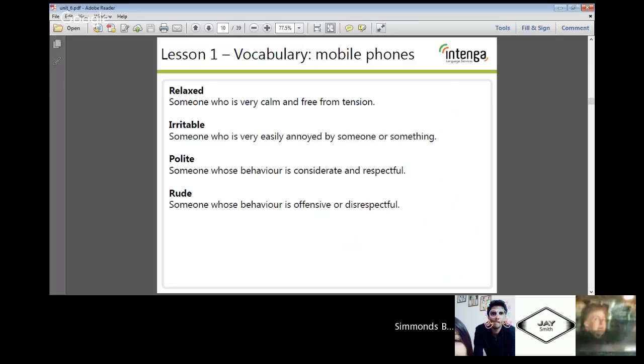So very good. Are these new words for anyone? I think relaxed might be something very common. Polite might also be very common. But irritable and rude might be new for someone. So Knock, have you seen these words before? Yes, I have seen this word before, but the second word, this is the very first time I have seen it. Okay.